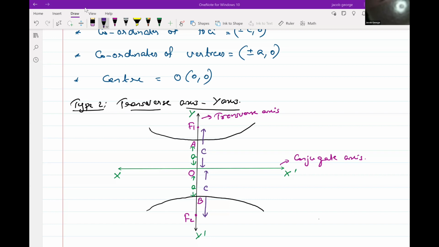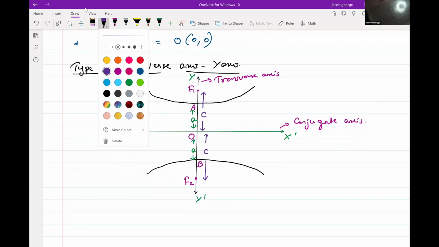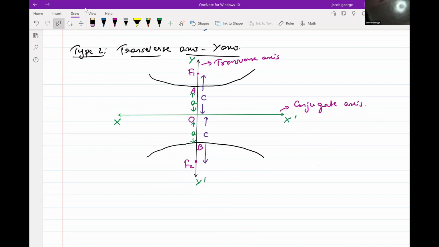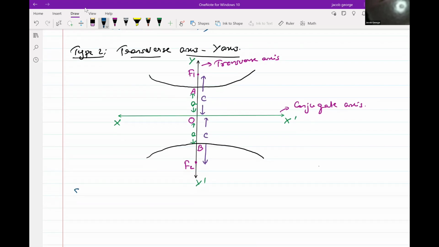Okay, so hope you all completed the transverse axis and conjugate axis part. Then you will mark the standard equation of second type.